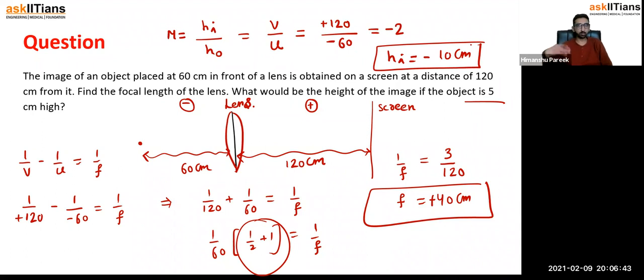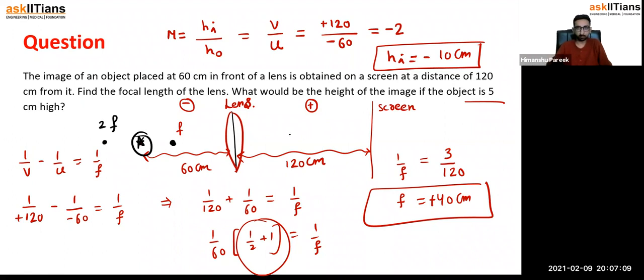So which case was this? The case was when the object is kept between focus and center of curvature. So F and 2F, this was the case. This was the object location. So the image must be formed beyond 2F. And here we can see the image we are getting at 120 centimeters.